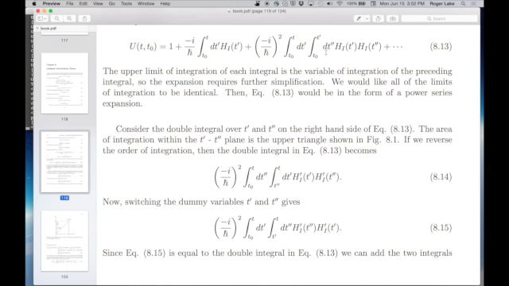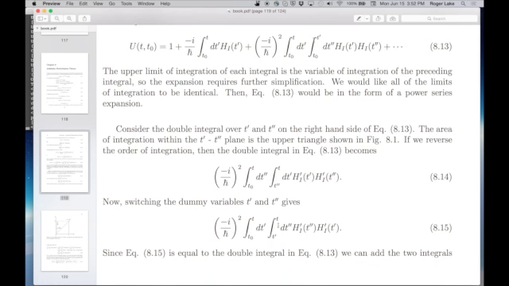So if I look at these two terms, the outer integral is the same. But look at the inner integral. This one goes from t0 to t prime. This one goes from t prime to t. If I add those two integrals together, I have something that goes from t0 to t.